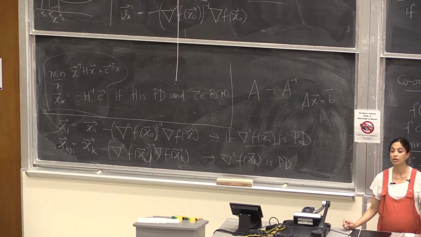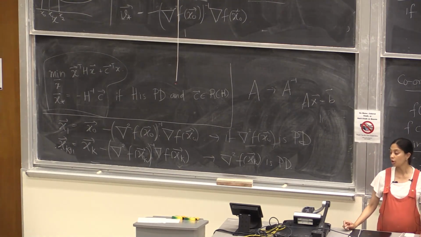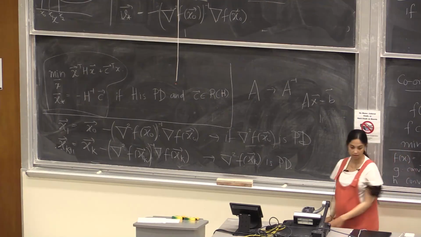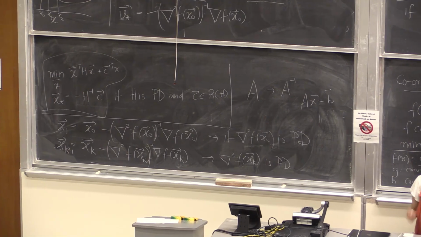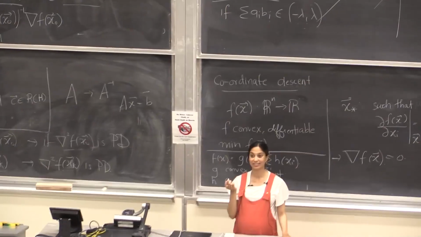Yes? Why would you do this instead of gradient descent? Wonderful question. If I had a quadratic function, Newton's method will converge in one step. What is the best quadratic approximation to a quadratic? Itself.